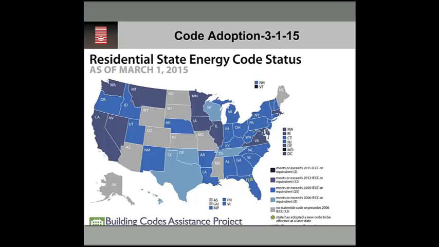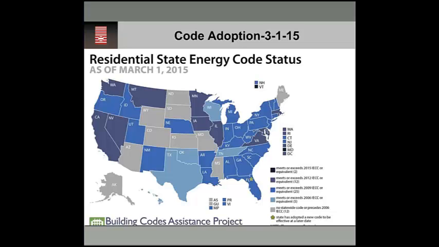So again, it's important to find out what's going on in your state, what's going on in your jurisdiction where you do business. Talk to your code officials and find out what they're enforcing and what provisions of the code they are enforcing. Because again, just seeing this map doesn't mean that they're doing a true read on the 2012.